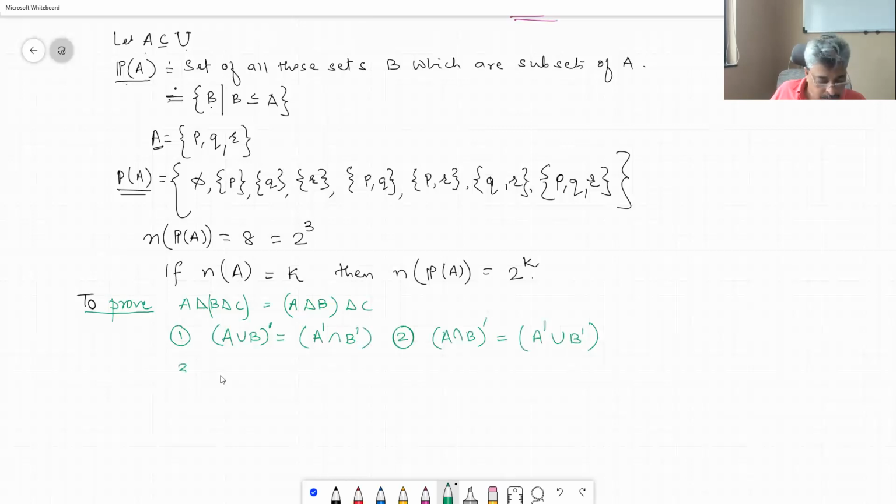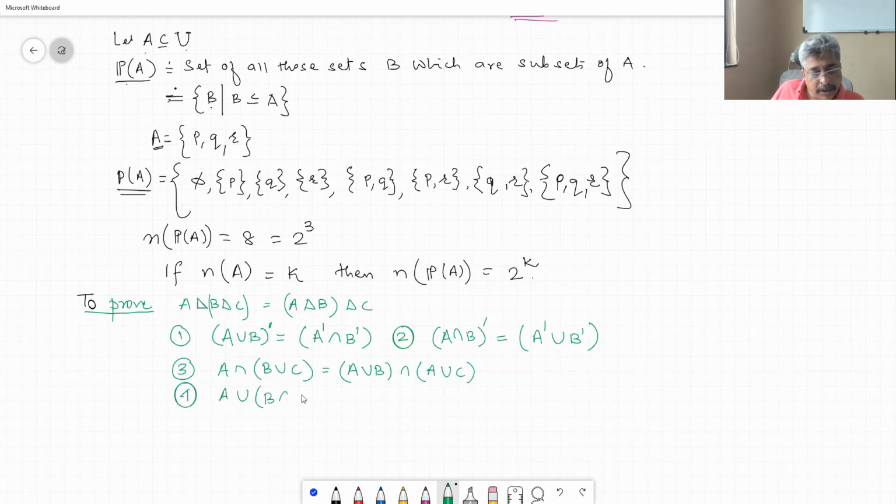Third tool that you will require is A intersection B union C is equal to A union B intersection A union C. Fourth tool that you will require is A union B intersection C. Union distributes over intersection and intersection distributes over union.